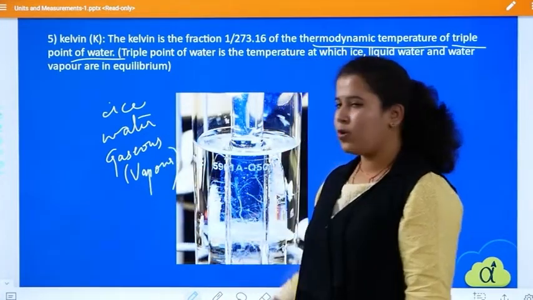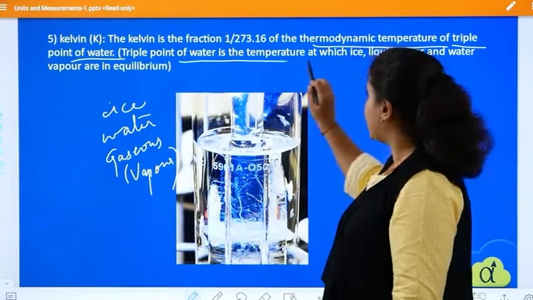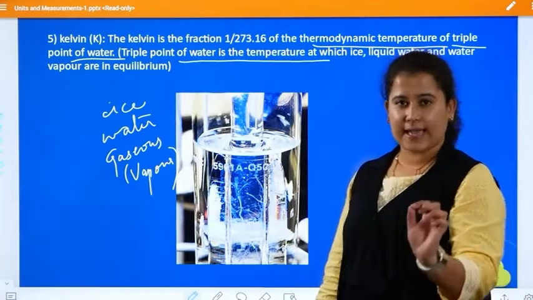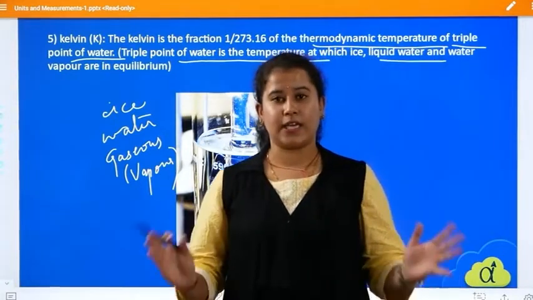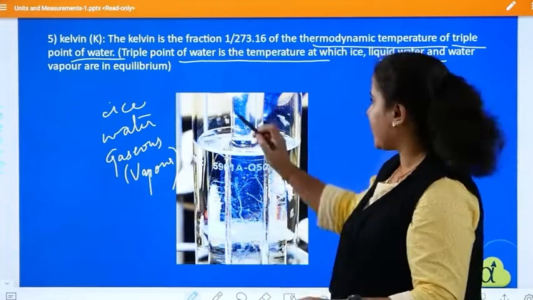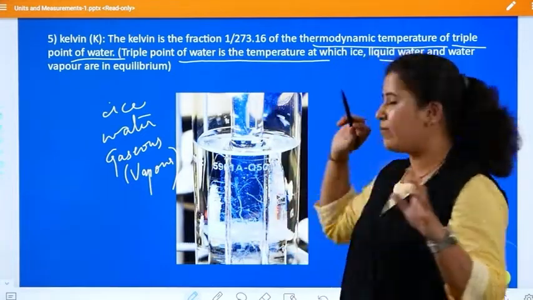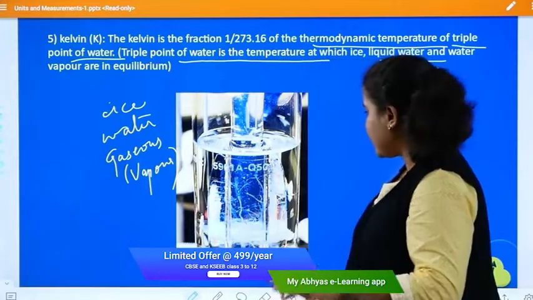So what is the triple point? The triple point is the temperature at which ice, liquid water and water vapor are in equilibrium. All these 3 phases are in equilibrium. You can see the picture here.